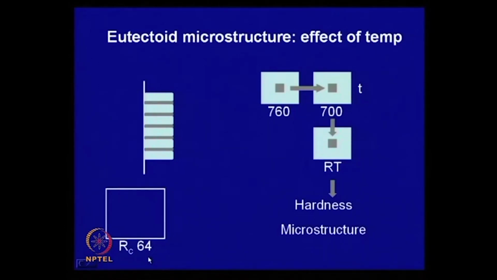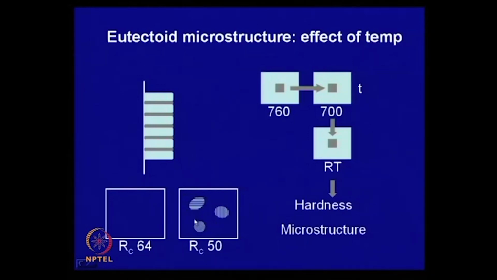And next, look at another sample which has been kept for a little longer time, and here you see some nodules of this lamellar structure forming, alternate layers of ferrite and cementite. When these nodules are growing, they etch very easily. This will etch very lightly, and we will see its microstructure a little later.